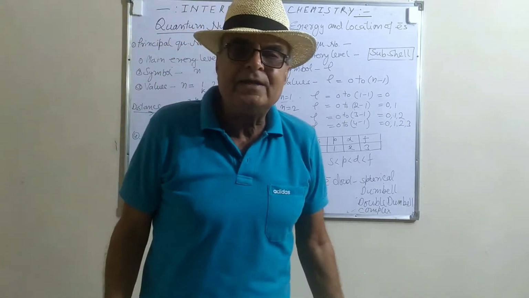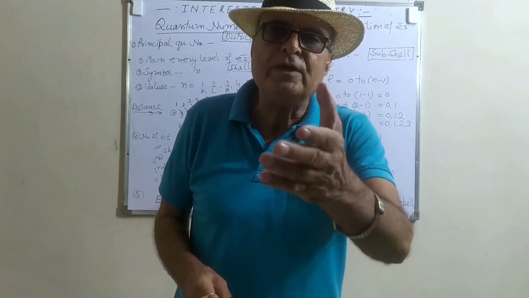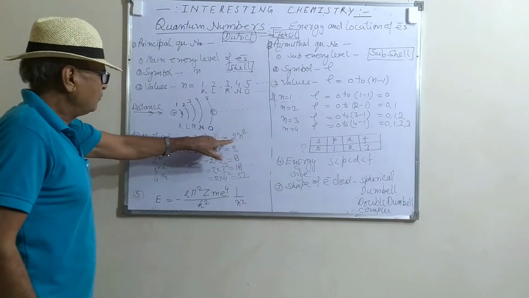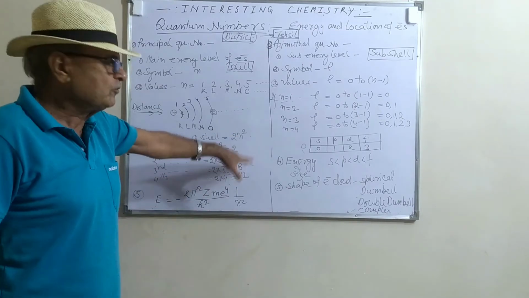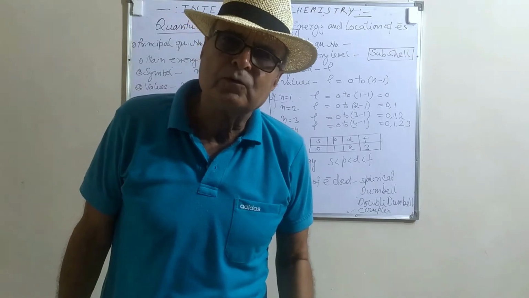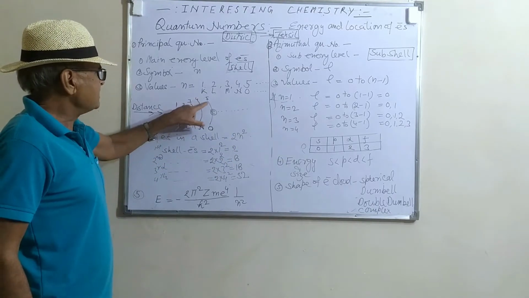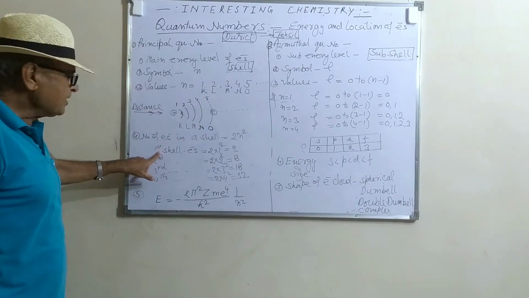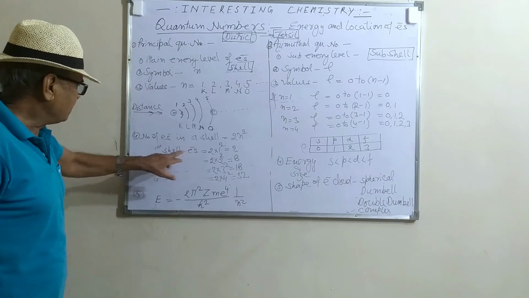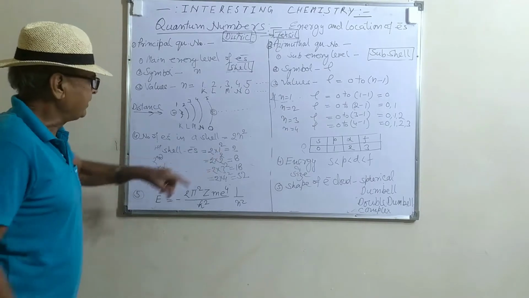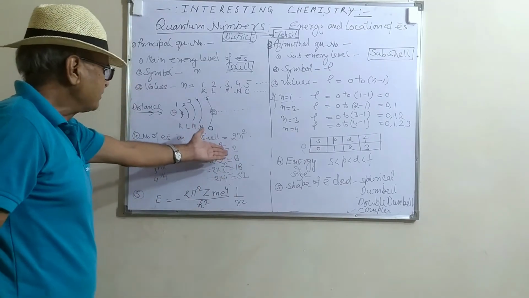We can calculate the maximum number of electrons found in one cell by the formula 2n square, where n is the number of the cell, the number of the orbit. So in the first cell, the number of electrons is equal to 2 into 1 square, that is 2. I think you have understood it, it's 2.